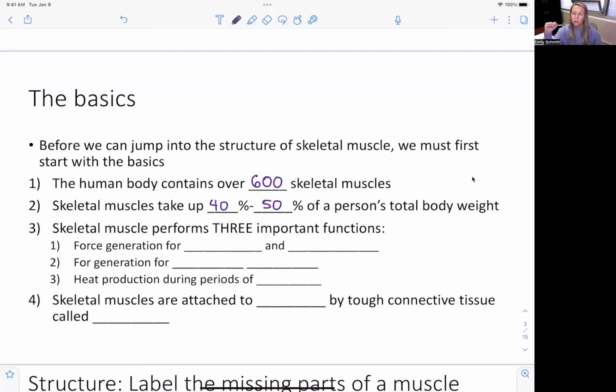Skeletal muscles perform three important functions: force generation for movement, which makes sense, and breathing; force generation for postural support, so standing up straight, sitting up straight; and heat production during periods of cold. Skeletal muscles are attached to bones by tough connective tissues called tendons.